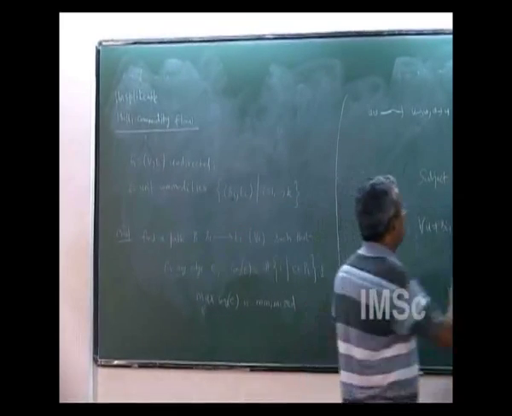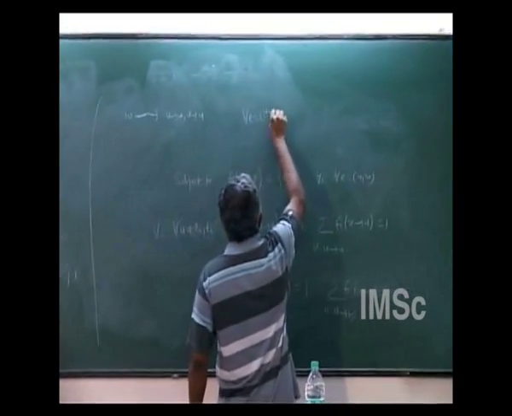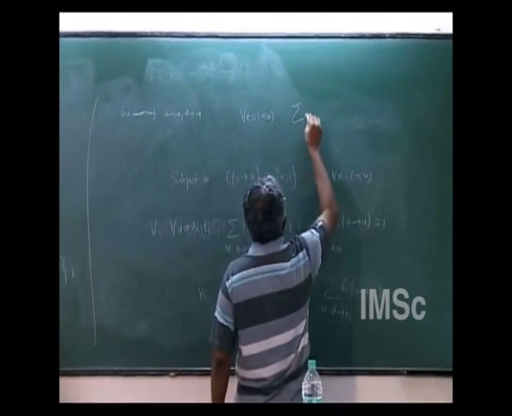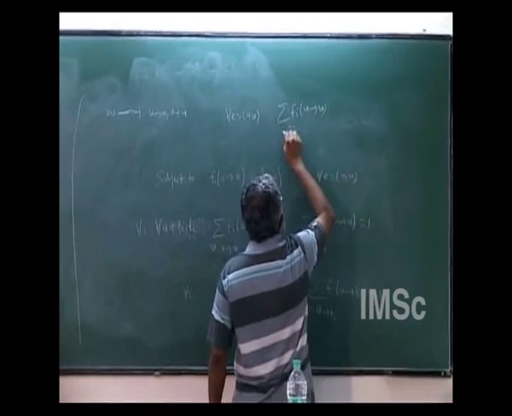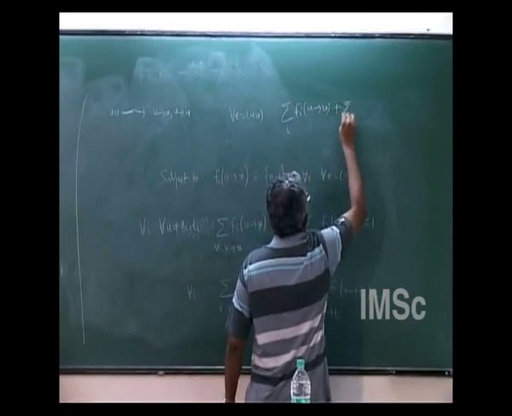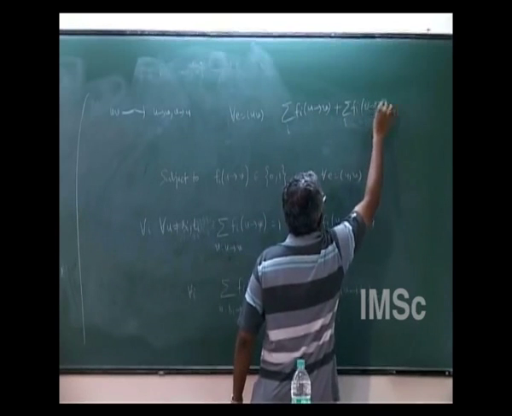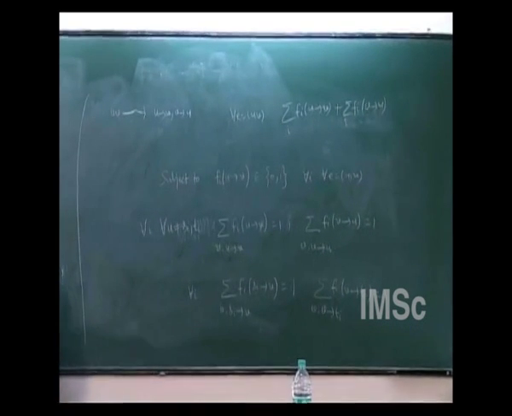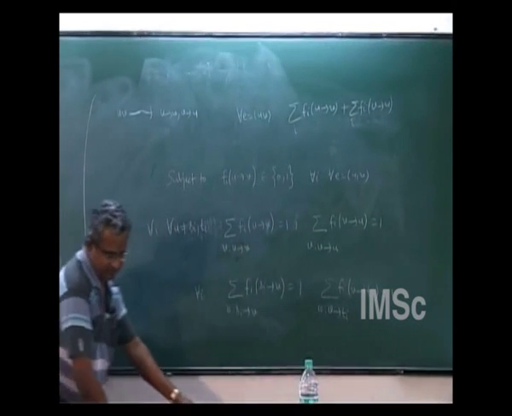So the congestion of an edge is the sum over all I of Fi of uv plus Fi of vu. This is the total congestion with respect to this discrete solution, and what we want is to minimize this.